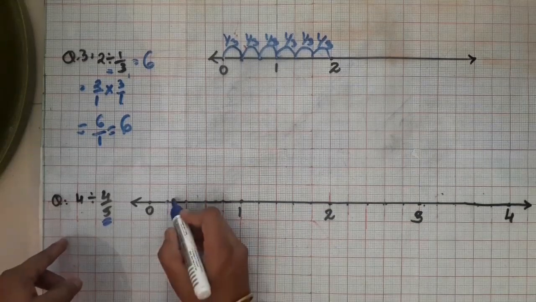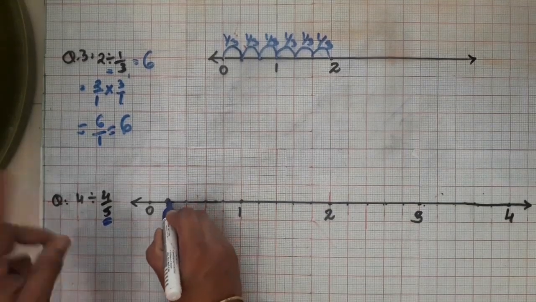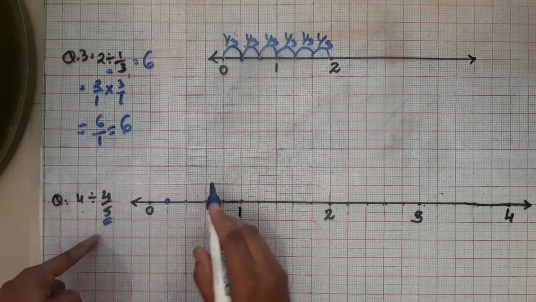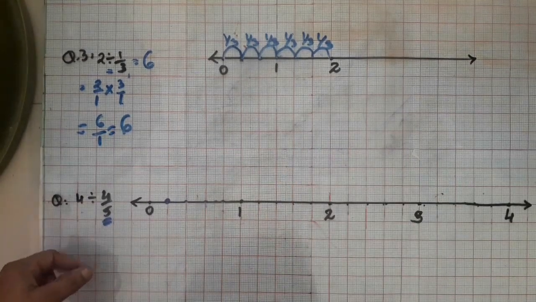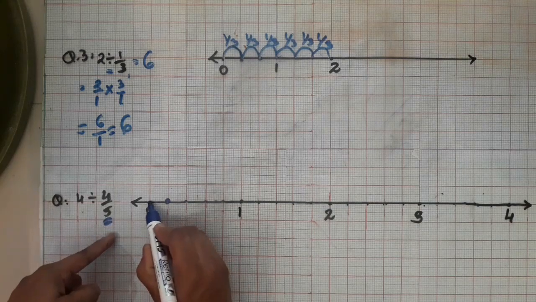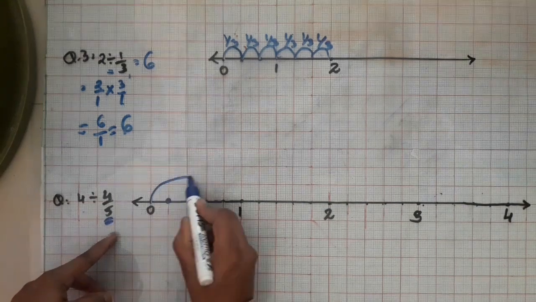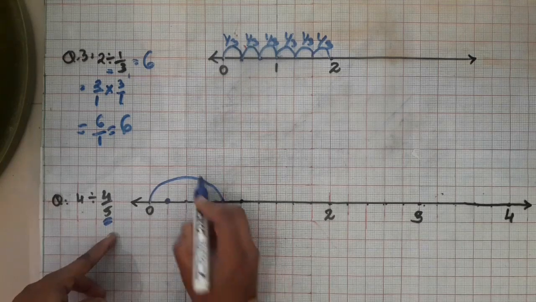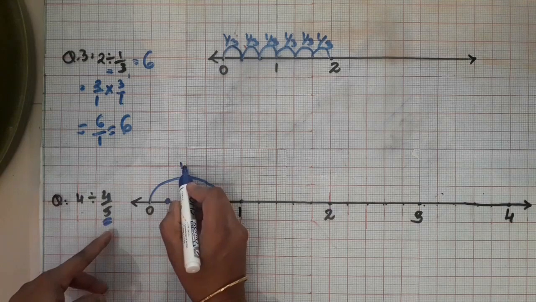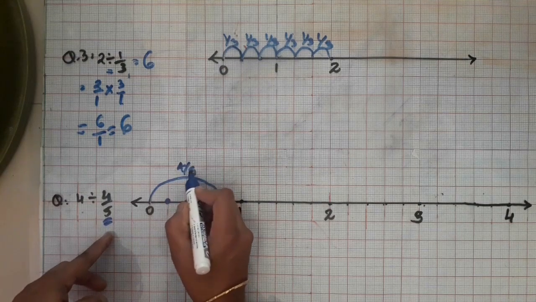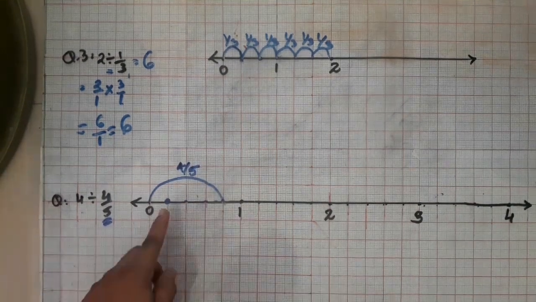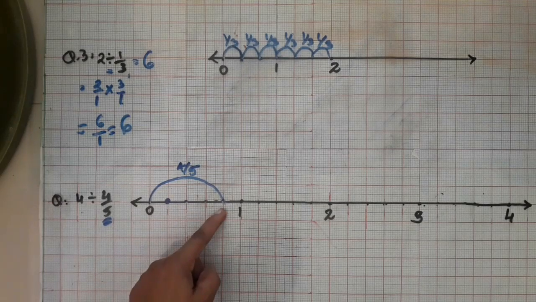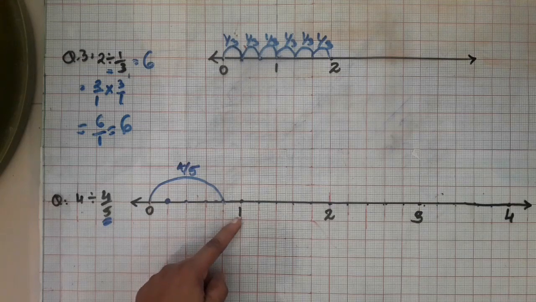Okay, so each jump will be 1/5. You want 4/5, that is the fourth point you need to catch hold of. So if I start from here, this will be my first jump, fourth point, 1 2 3 and 4. This is my 4 by 5. This will be 1 by 5, 2 by 5, 3 by 5, 4 by 5 and 5 by 5, that is 1.